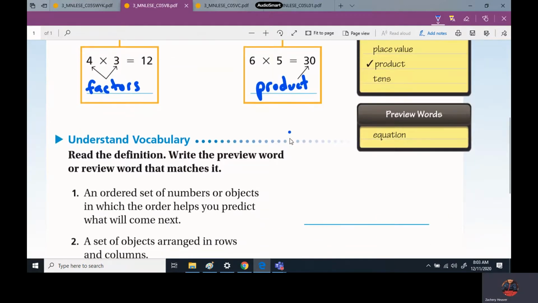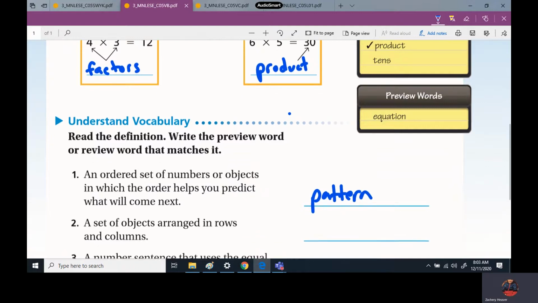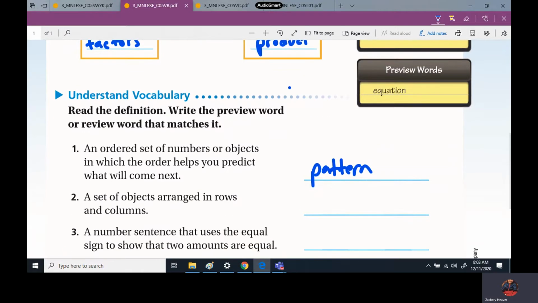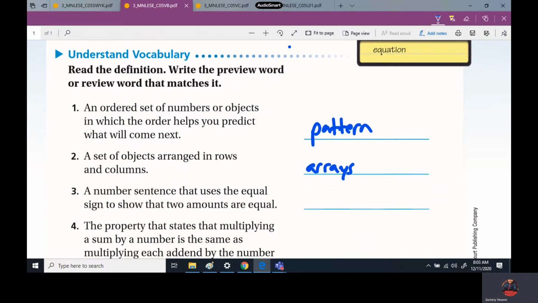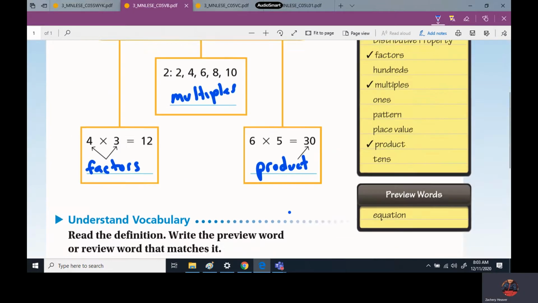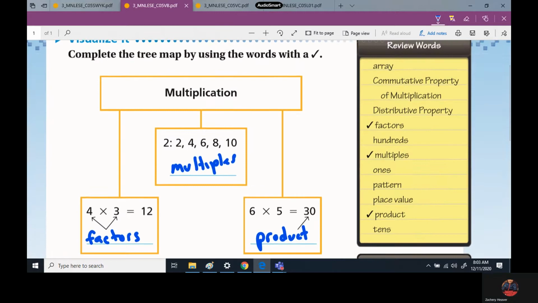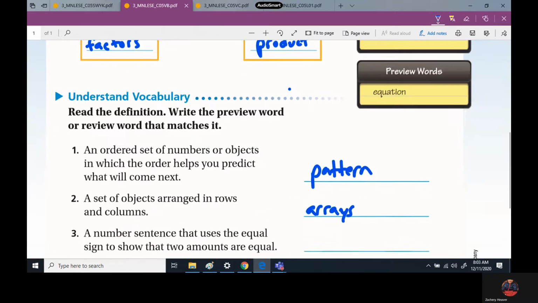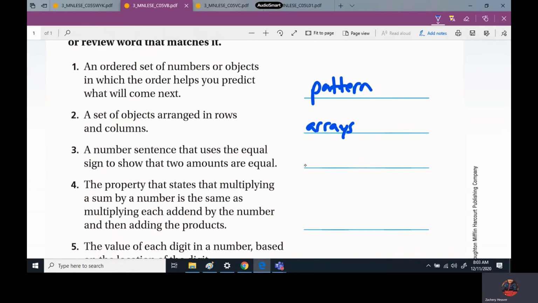An ordered set of numbers that will help you predict what comes next. That's a pattern. If I say 5, 10, what? You would know 15. A set of objects arranged in rows and columns. We know those are arrays. A number sentence that uses the equal sign to show that two amounts are equal. That is an equation.